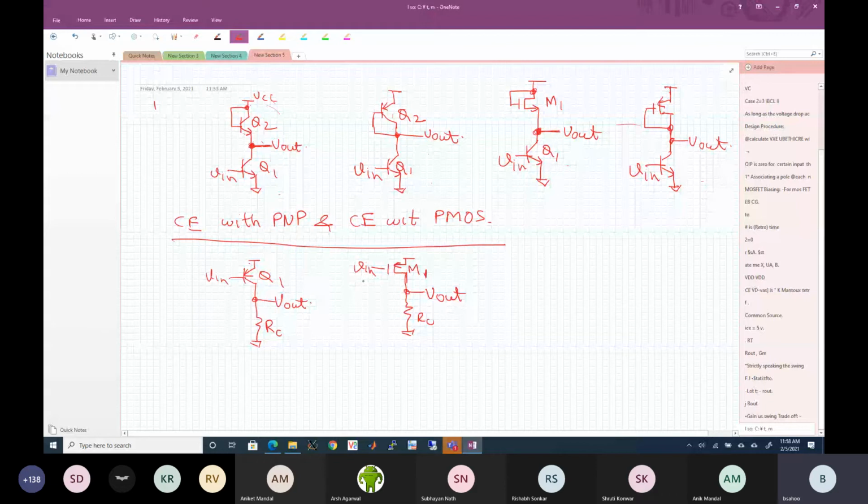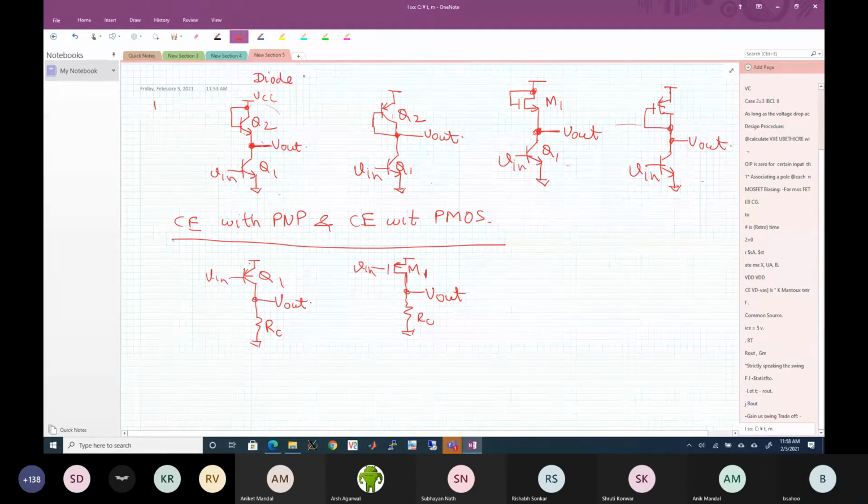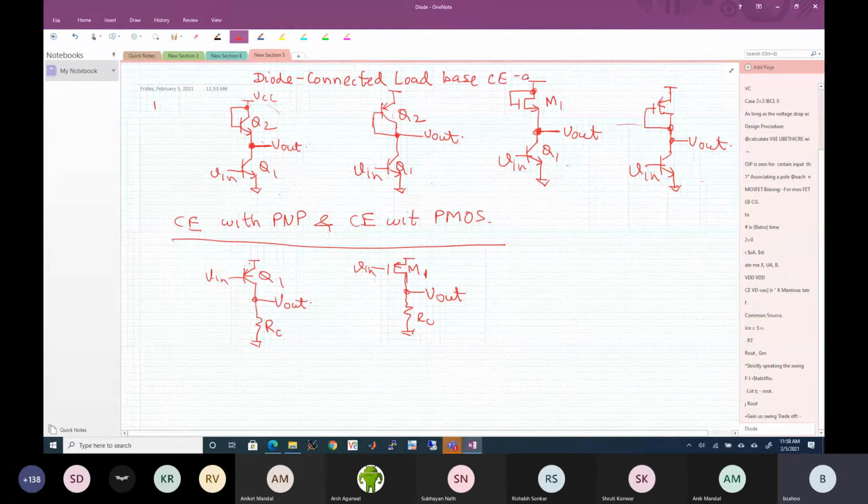You can exactly interchange the P1 and Q1 and Q2 and get these diode connected loaded amplifiers. These are called diode connected load based common emitter amplifier.